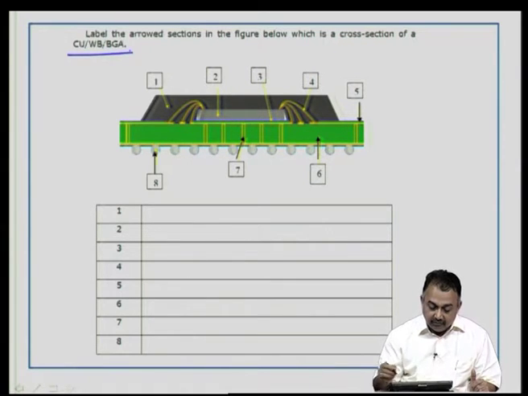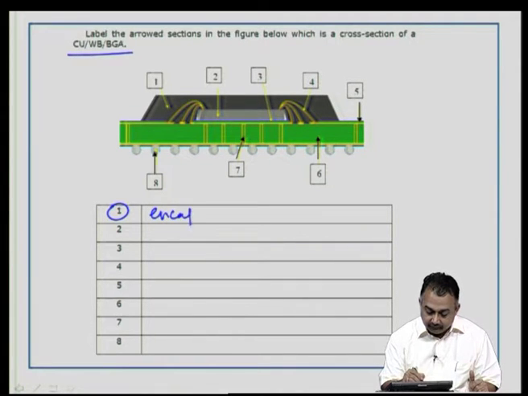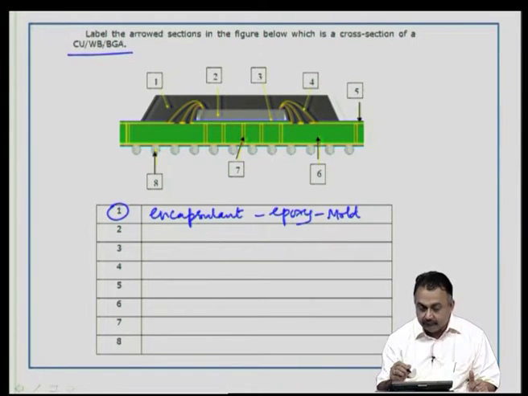So, the first one, item 1, will be encapsulant, and the encapsulant is usually made out of epoxy. So, you can also call it a mold. The next one is a silicon die.